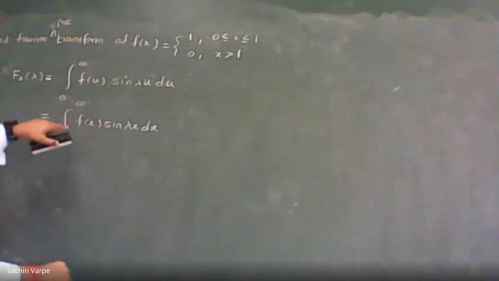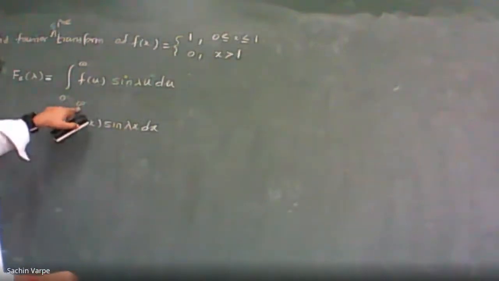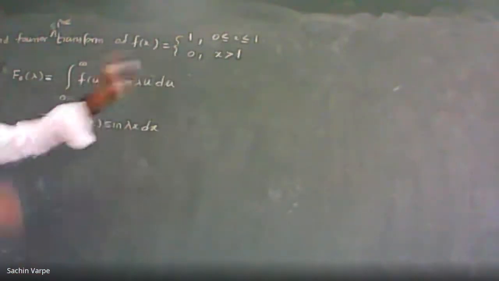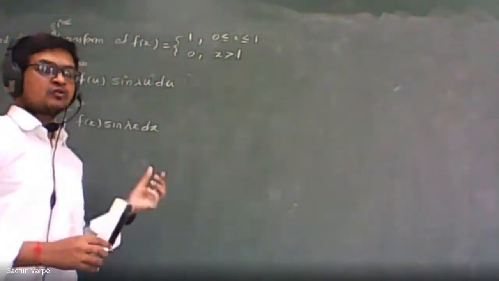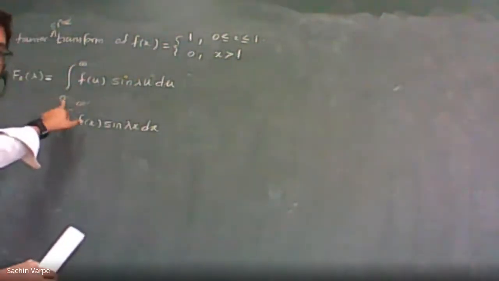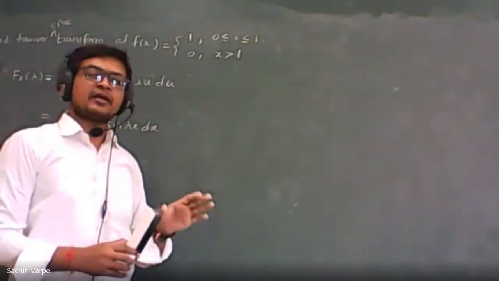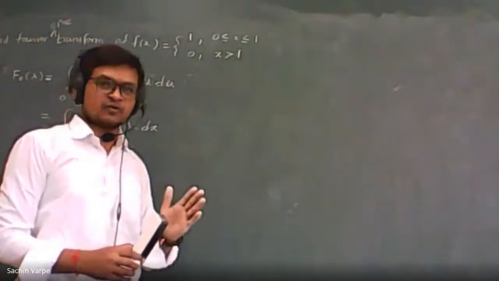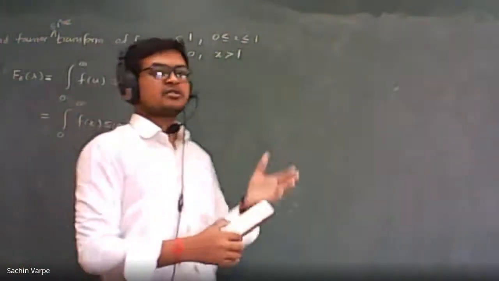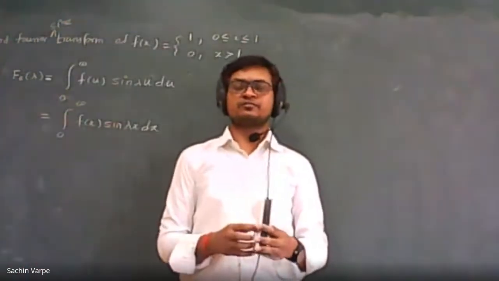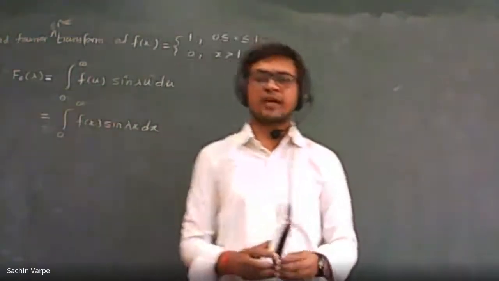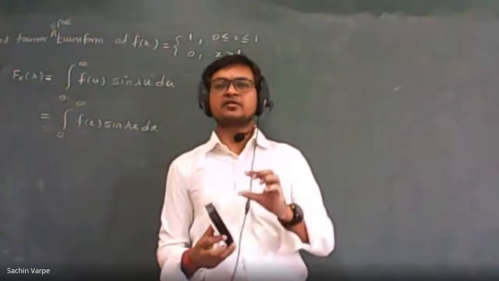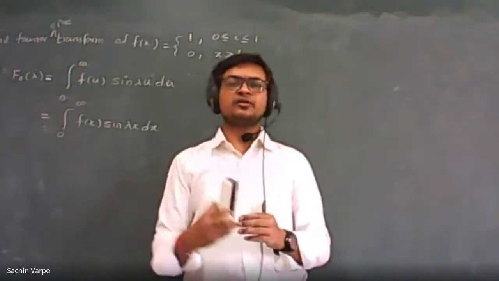Now let us split this interval 0 to infinity according to our function. Always remember there is one more point of confusion, whether to write the limits from minus infinity to infinity or 0 to infinity. While writing the general Fourier transform and its integral, the limits are from minus infinity to infinity.